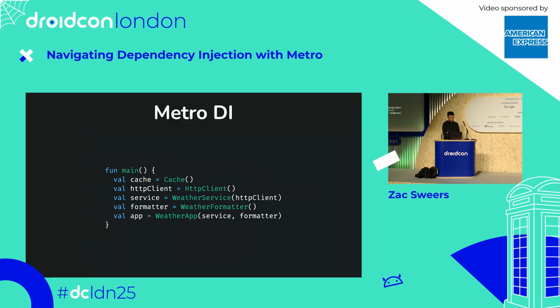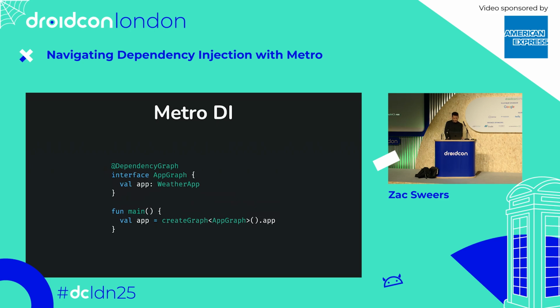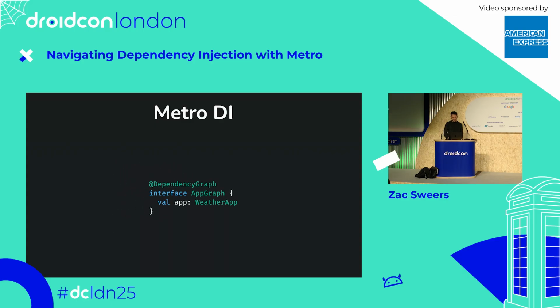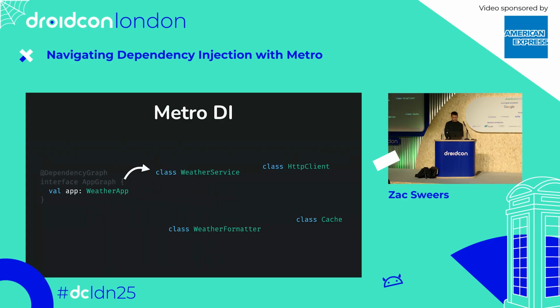The primary entry point here is the dependency graph. All you need to do is define types or type keys that you need, and it'll manage these instances for you. Metro's compiler plugin will implement it at compile time, following dependencies from their roots. Graphs, in this case, are analogous to Dagger and Kotlin Inject's components.